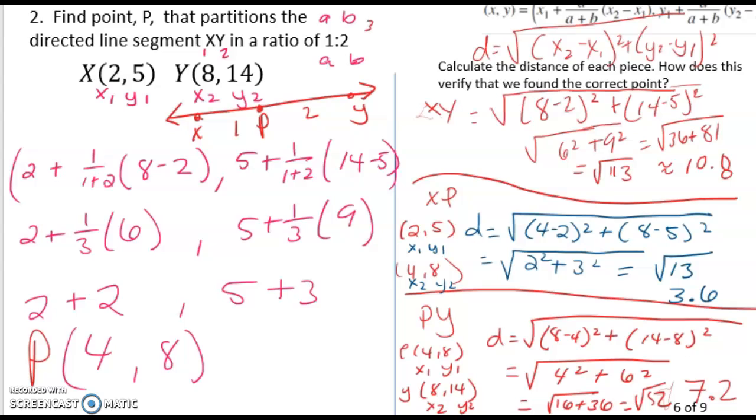So 3.6 to 7.2, because 3.6 is half of 7.2, or 7.2 is double 3.6, this is a 1 to 2 ratio, which verifies that P partitions in a 1 to 2 ratio.